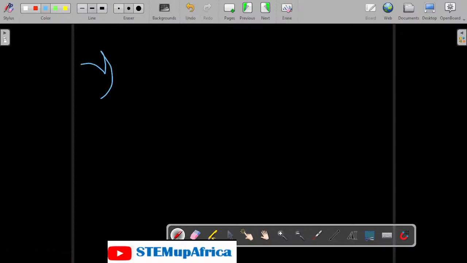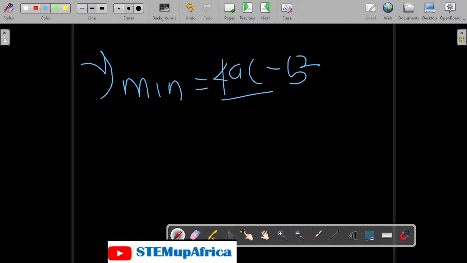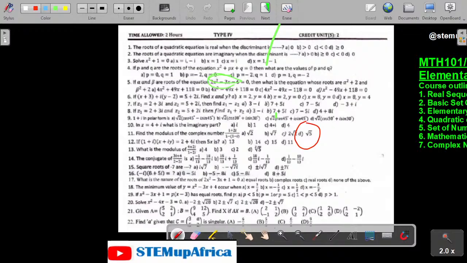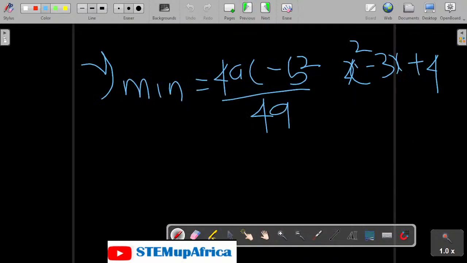So y minimum equals 4ac minus b squared over 4a. We're having x squared minus 3x plus 4. Let me verify that once again. x squared minus 3x plus 4, yes. So let's see what the minimum will be. My a is 1, my b is minus 3, my c is 4.